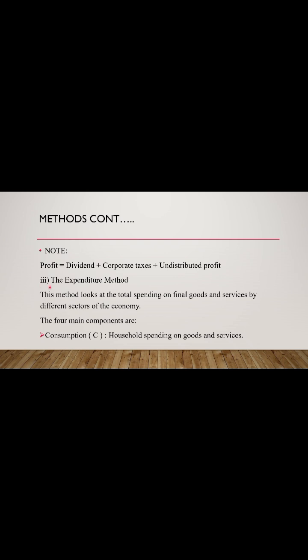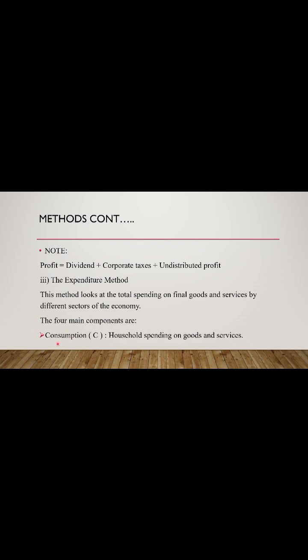Okay, we've got the third method, which is the expenditure method. This method looks at the total spending on final goods and services by different sectors of the economy. The economy is built up by different sectors. We have four main components.